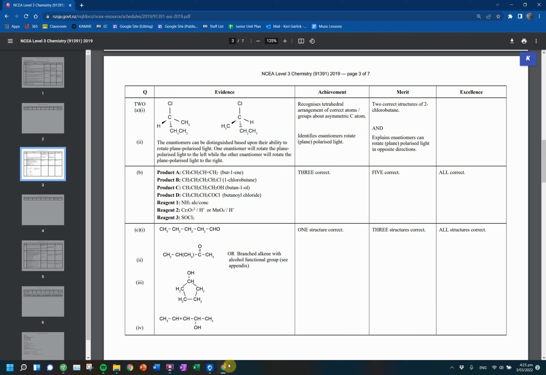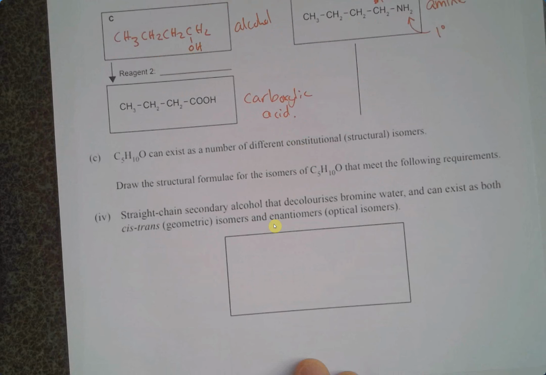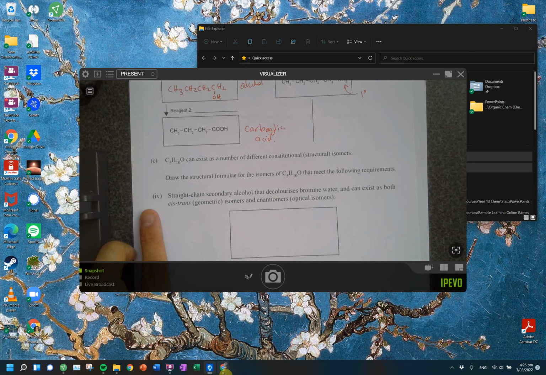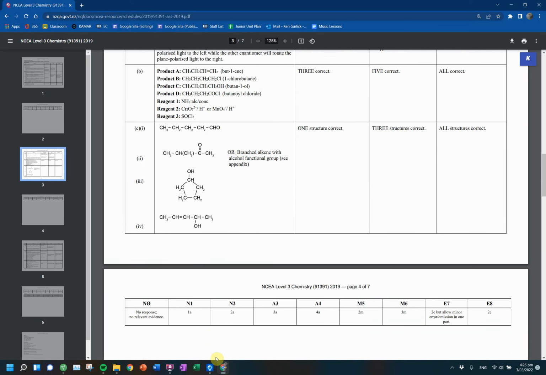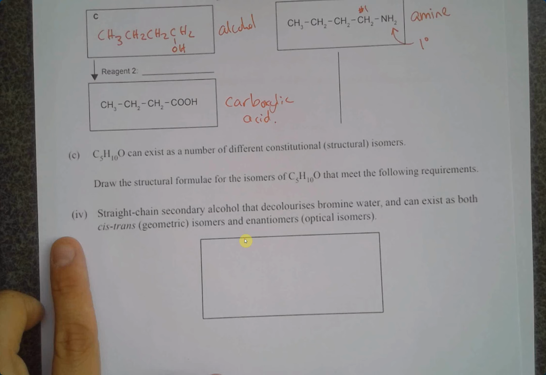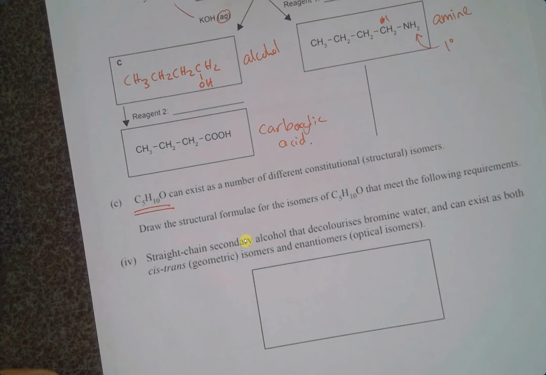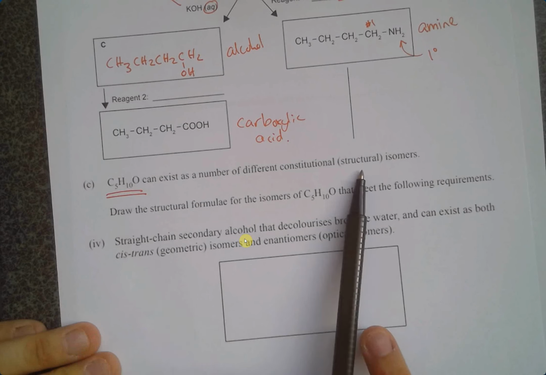Cool. All right, question C, I've only given you a very small portion of it, which is number 4. So do keep that in mind when you're looking at the answer schedule, that there's lots of various answers in there. But it starts getting you looking at these molecular formulas and using the molecular formula to figure out isomers.